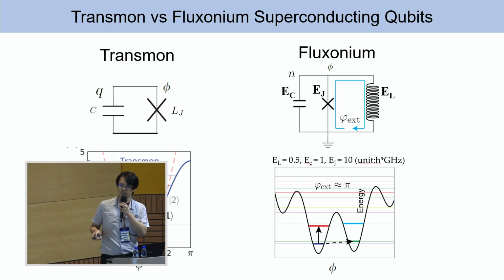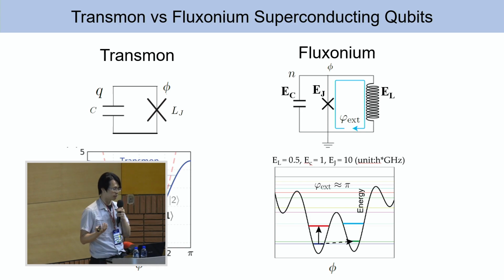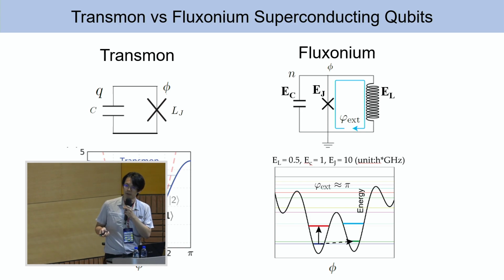And so at this half flux quanta, the 0-1 transition typically is at a low frequency. But for all the other states, for example those in the same well, the transition will be at a much higher frequency.